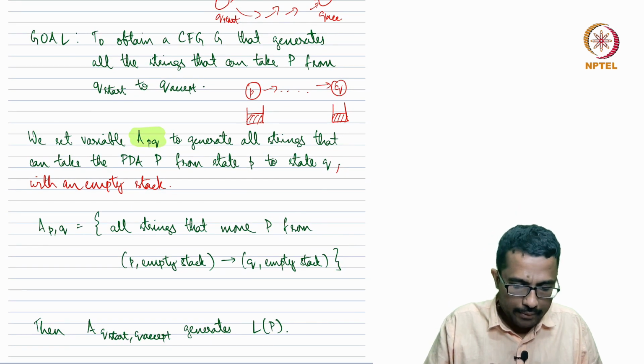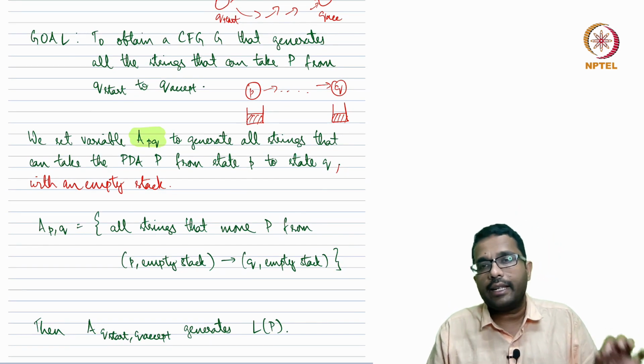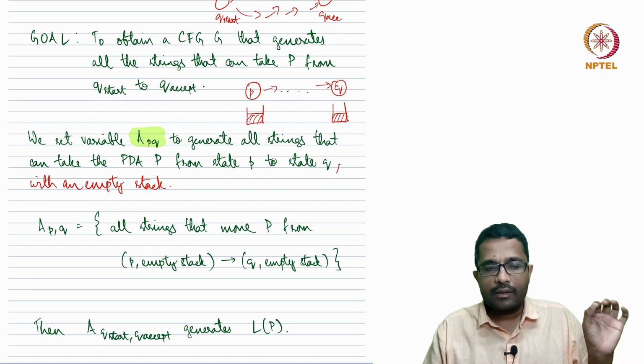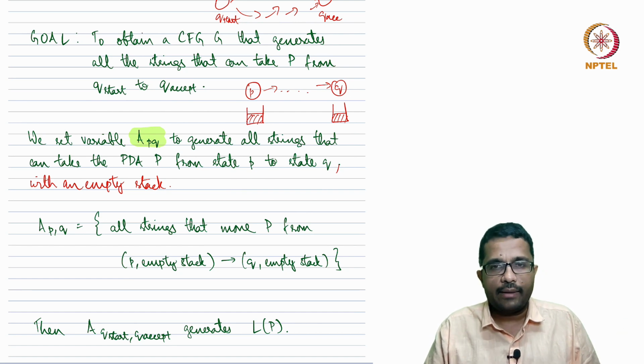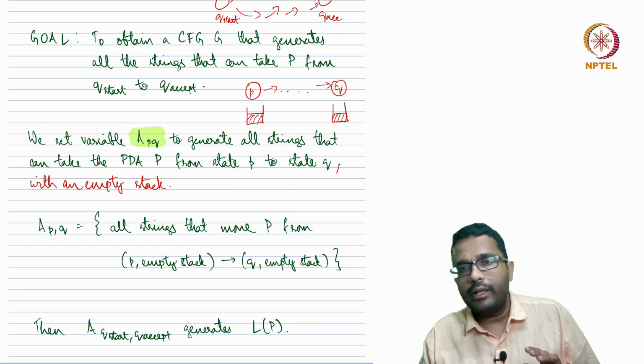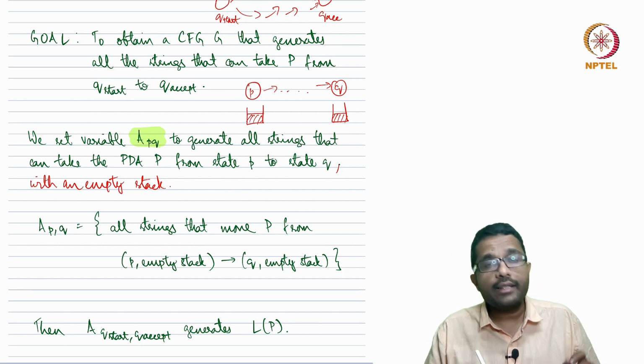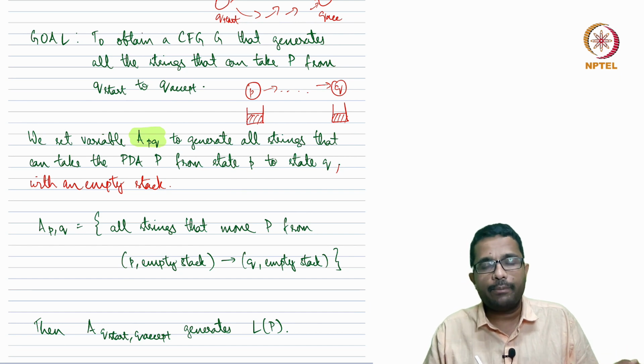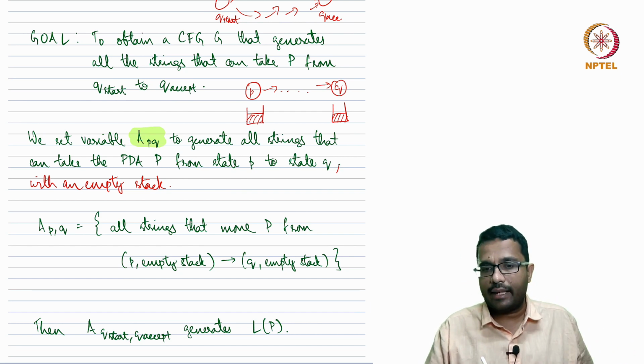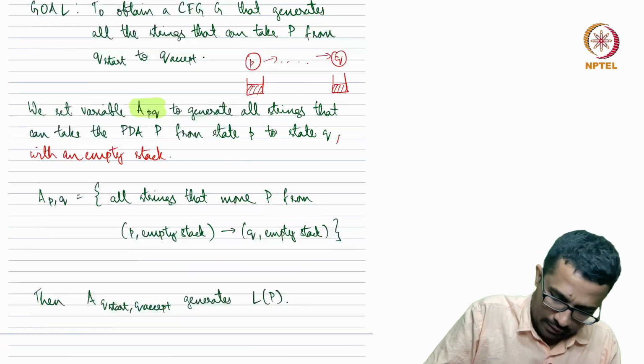So right now I'm just defining it as those strings that can take the PDA from the state P with the empty stack to the state Q with the empty stack, right? But what I'm remarking is that these strings also take from state P to state Q while retaining the stack, right?